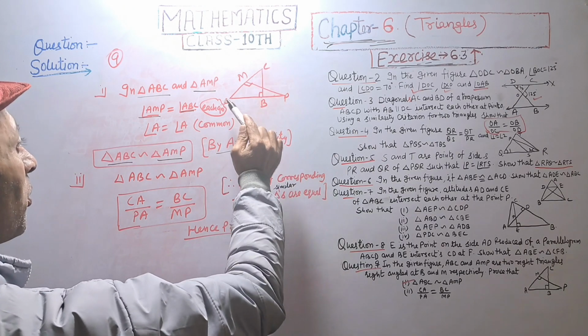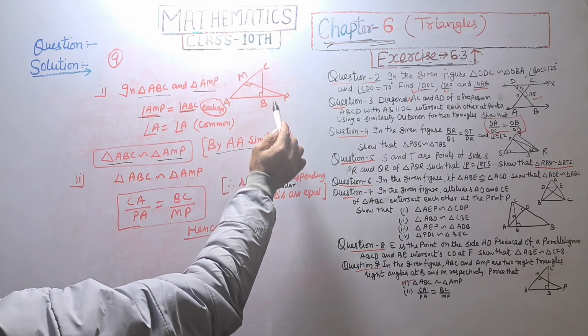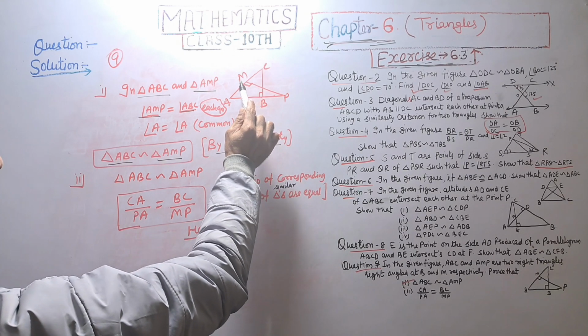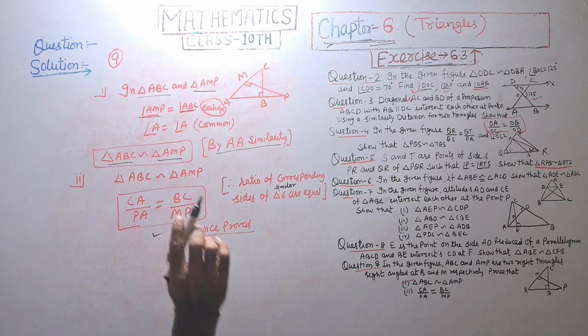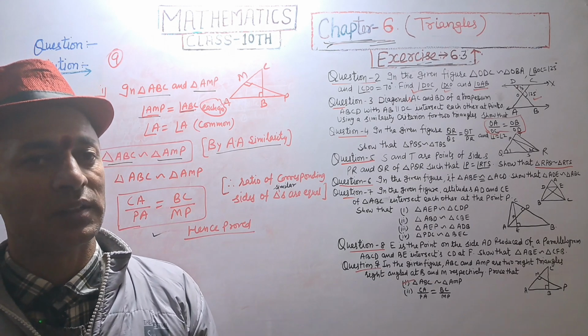So CA upon PA is equal to BC upon MP. Hence proved.